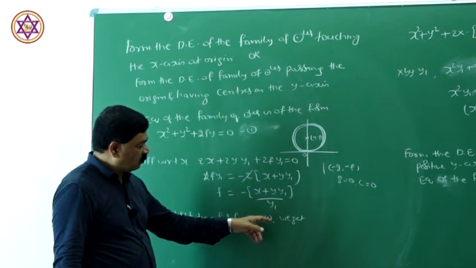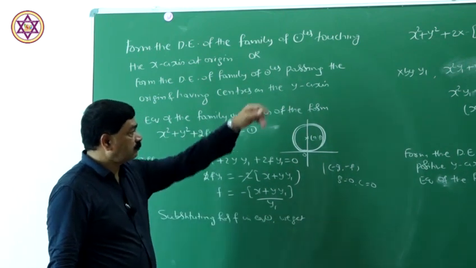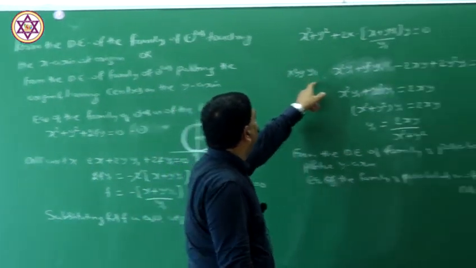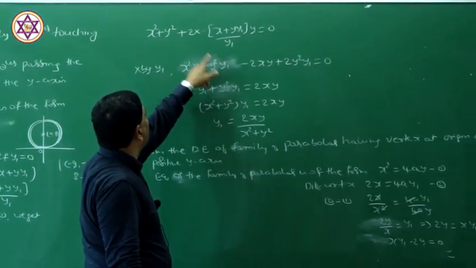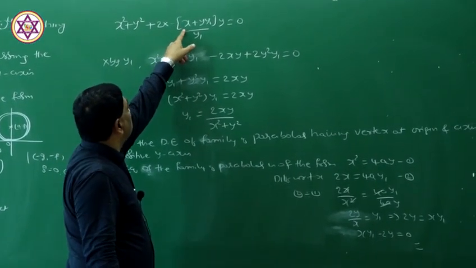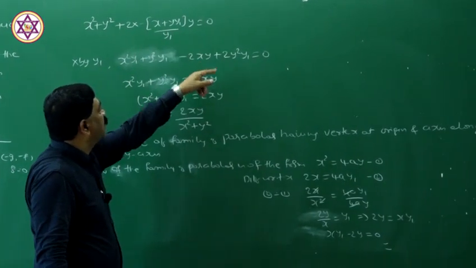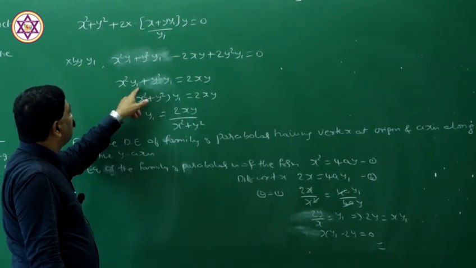Substituting for f in equation 1, we get, multiply by y1, x squared y1 plus y squared y1 minus 2xy minus 2y squared y1 is equal to 0.